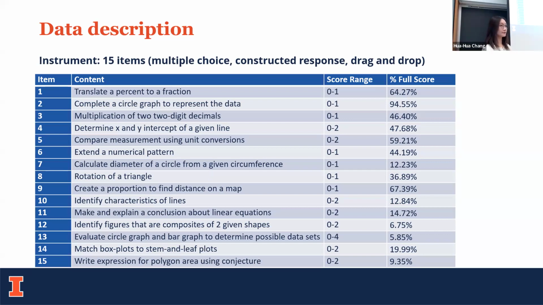And as I mentioned, these are the 3 items that really show the group difference, right? Actually, we saw group differences on a large number of questions. On most questions, LD test takers did worse.